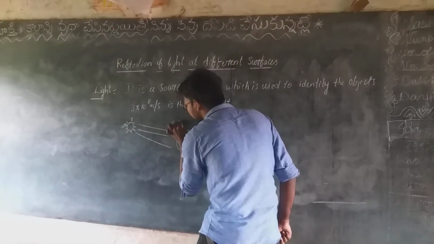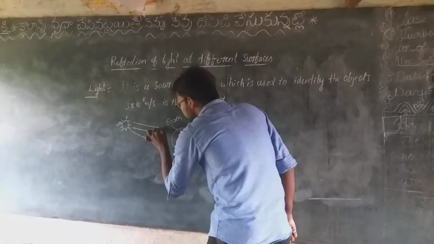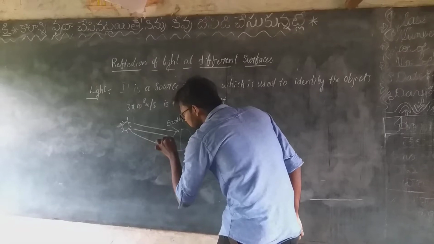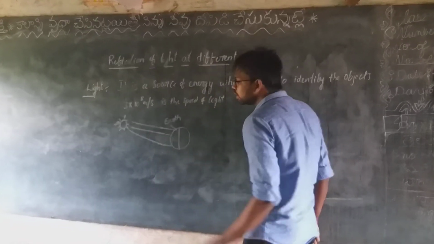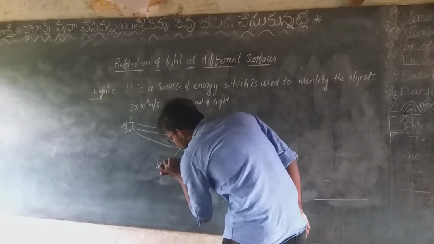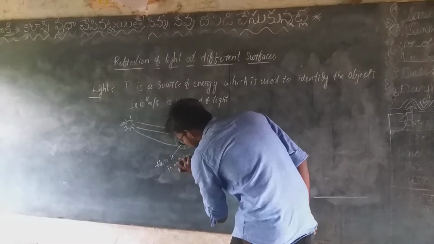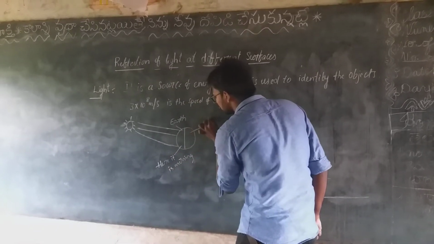This is earth. What is happening here? When light from the sun falls on this earth, then we can say here it is morning.